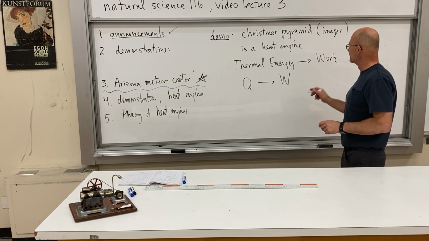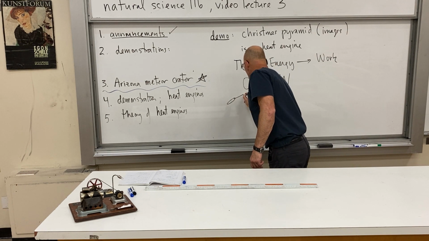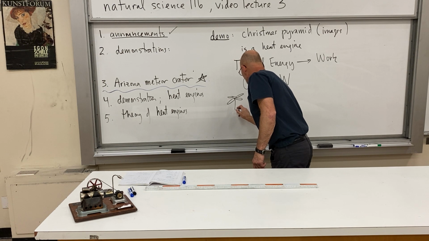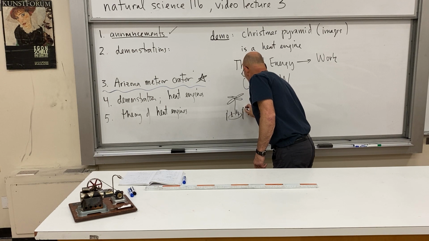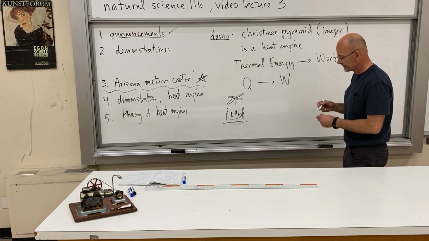And so this Christmas pyramid, if I draw it, I'm not so good at drawing it, but there's a turbine, and then down here we have the wise men being carried on their way, and we have the candles here. Okay, so there's our Christmas pyramid.